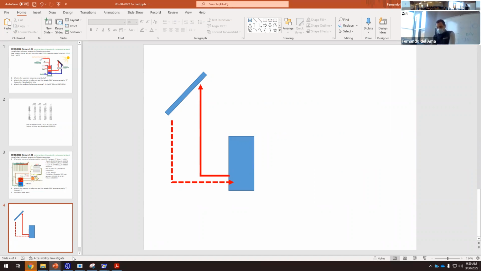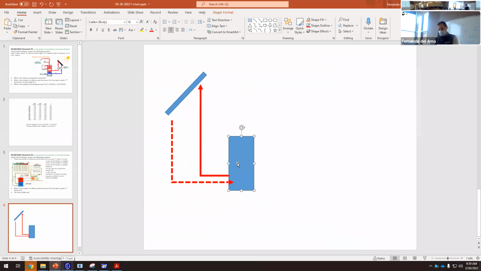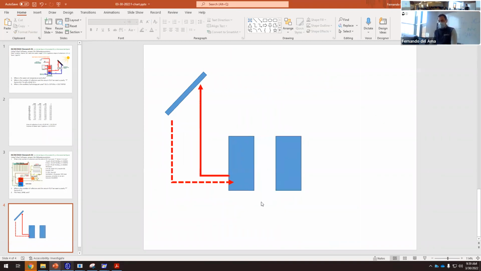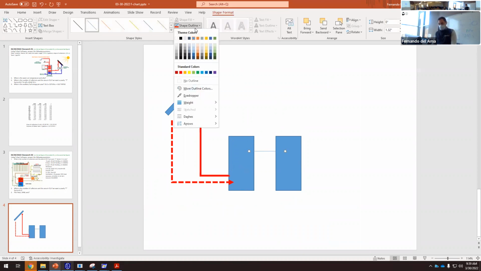Well, this is the main storage tank. And now we need another preheat tank. Okay, let's do it. So there's another tank here. And there's another connection between this tank. It has to be red and thick.